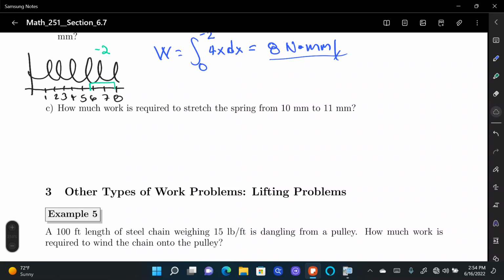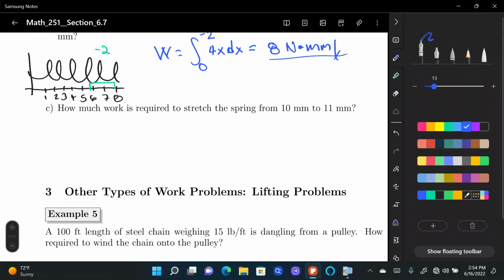A very common pitfall in this kind of problem is to use those numbers as the limits of integration, to go from 10 to 11 millimeters. However, we need to take into account the natural length of the spring and take that as our zero. In this case, let me draw it again.